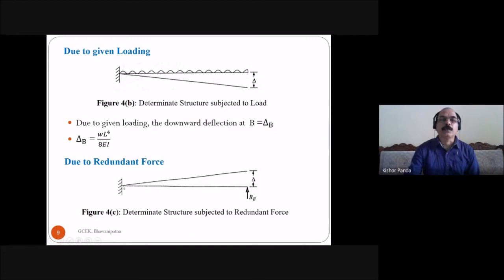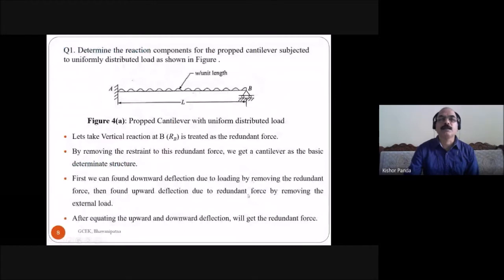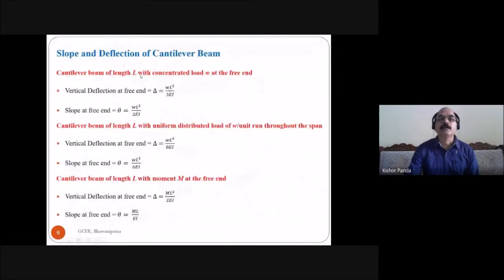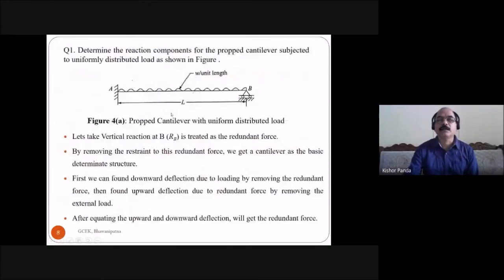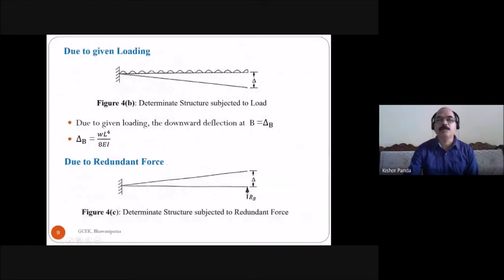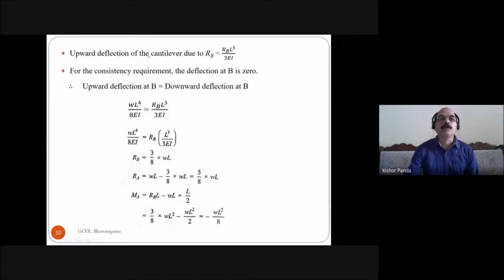If the cantilever beam has a point load W at the free end, the vertical deflection at the free end is WL cubed by 3EI, as already explained. So here you take RB as the point load, and the upward deflection of the cantilever due to RB is RB into L cubed by 3EI.